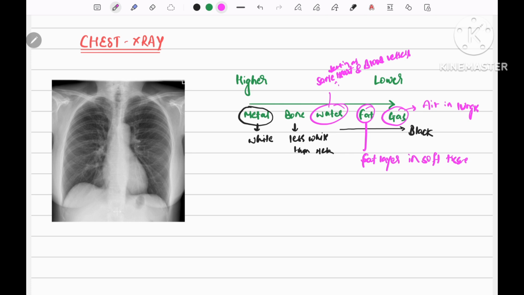And if water is collected in the pleural space, it will also appear at this same density as the heart and blood vessels.